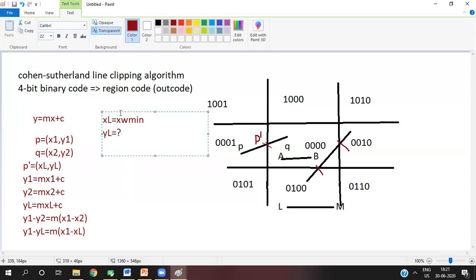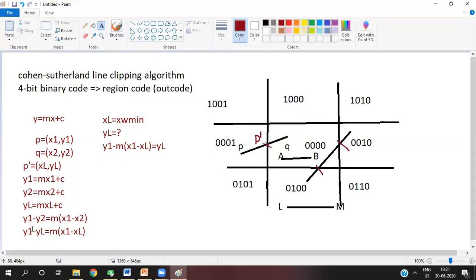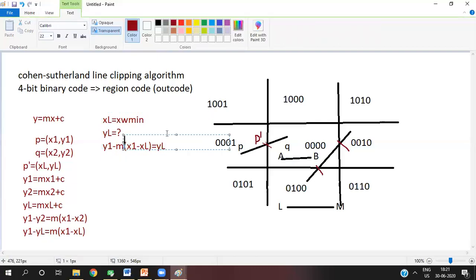Fine, then just rewrite the previous equation, this one: y1 minus m into x1 minus xl is equal to yl. Yes, I just rewrote this particular equation. Fine. Then next, so y1 is known.